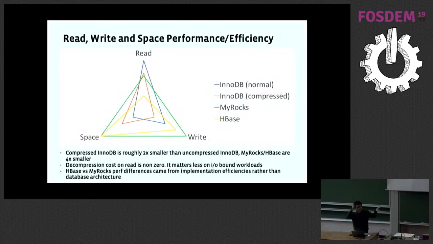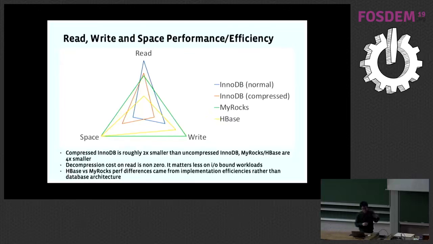These are the very rough matrix of the read, space and write trade-offs. InnoDB has a compressed and a compact format. Normally the uncompressed InnoDB is best on read performance. The compressed InnoDB is slower on reads, but the space is significantly smaller compared to compact InnoDB.